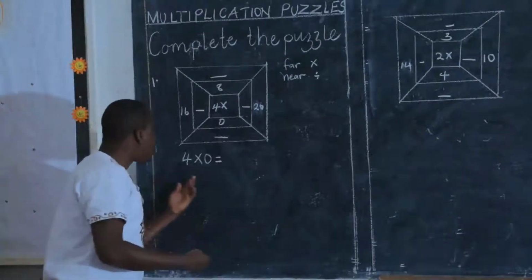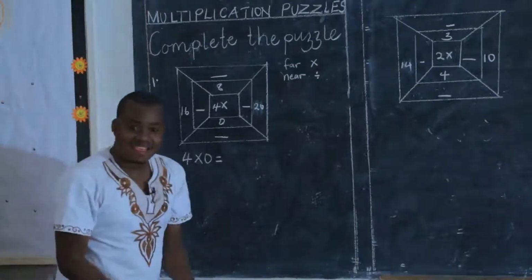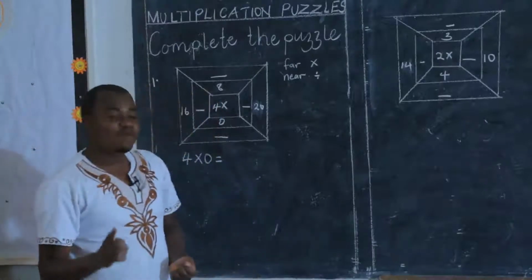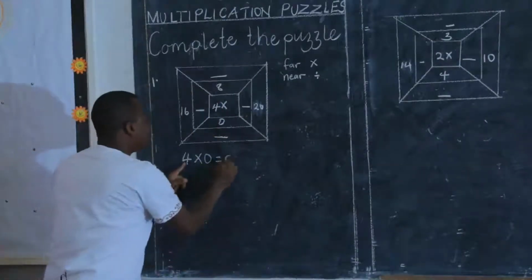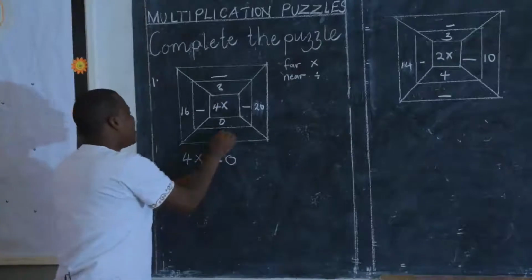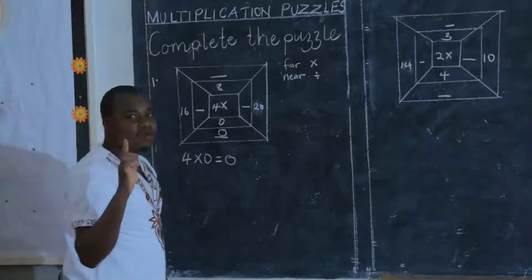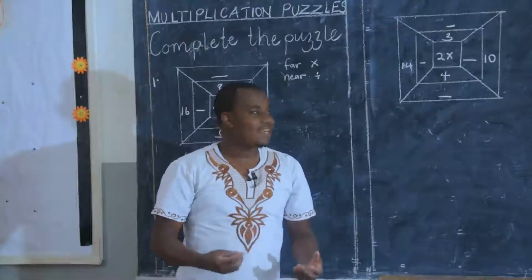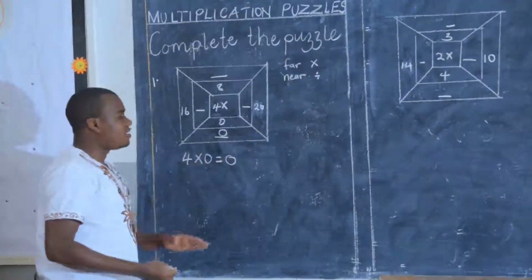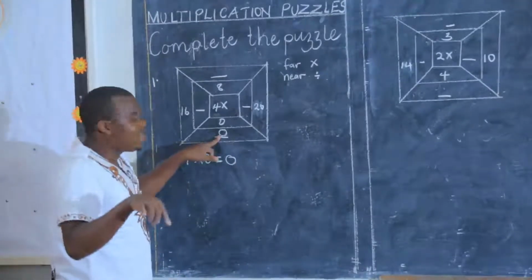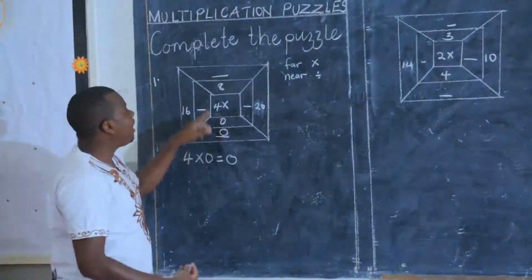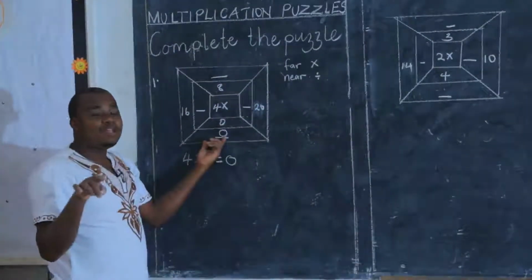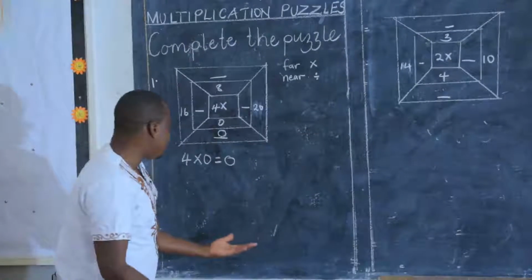So when I draw the 4 groups and I put there nothing, meaning I'm going to count nothing. So my answer is going to be 0, meaning 4 times 0 is 0. And you remember the other rule I told you last time, any number multiplied by 0 is 0. So that is why you get 0, and after getting 0 you go and fill in, because the question is saying complete the puzzle. So if you don't fill in, it means you have not answered, you have not completed.